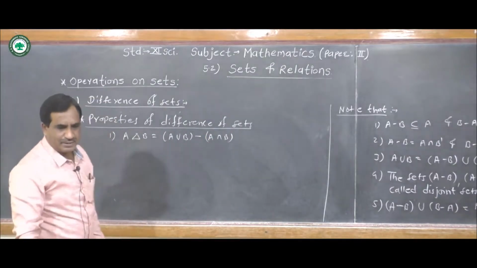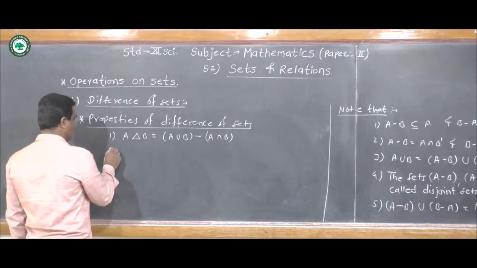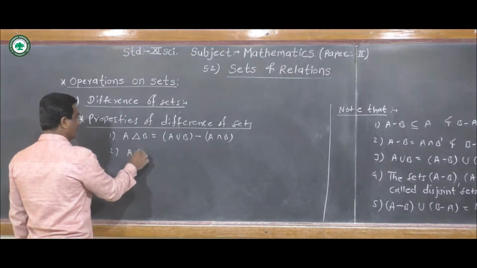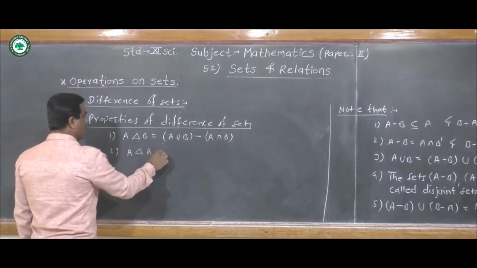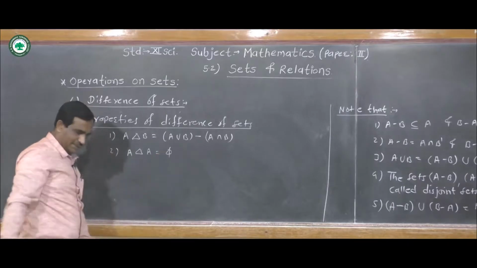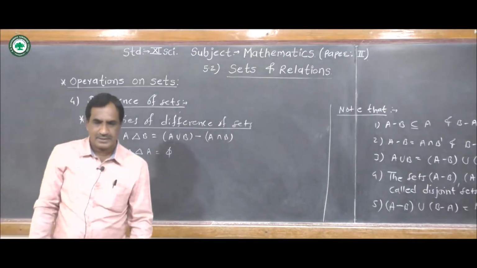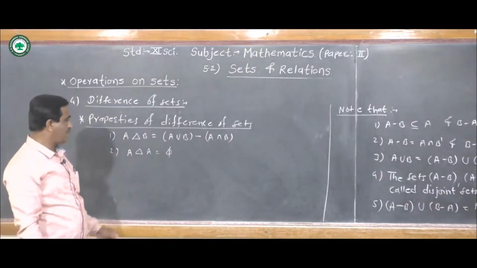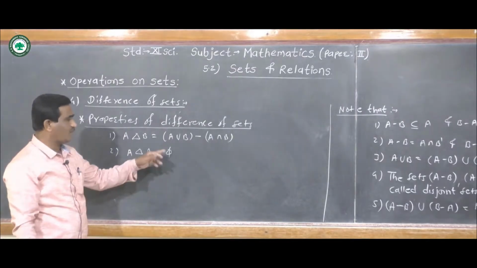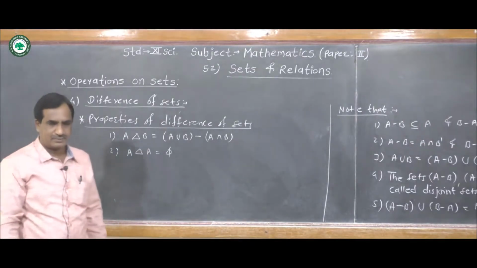The next property is A delta A is equal to phi, that is the empty set. That is, the symmetric difference of set A with set A is equal to phi. Okay.